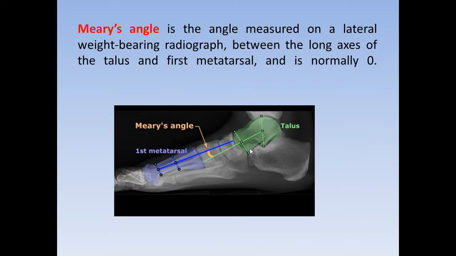Then in the lateral X-ray there are 3 lines. The first one is between the talus axis and the first metatarsal, which should be in line, but because the head of the talus is dropped down, the angle is open, should be 0, open inferiorly.